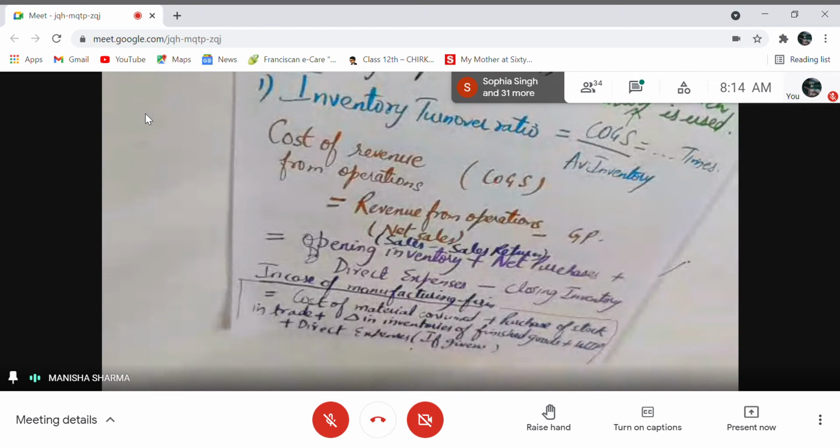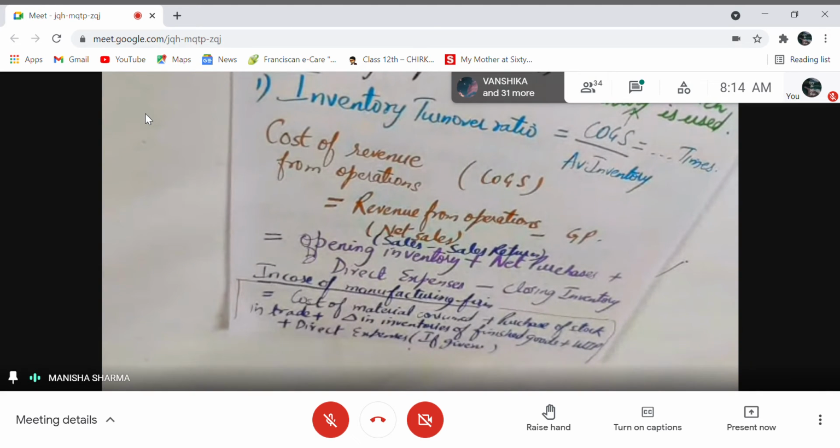So we use the words cost of purchase, then cost of material consumed, purchase of stock in trade, change in inventory was there. So keeping schedule 3 in mind, everyone should learn by heart that the third way to find, if the items of profit and loss are given according to schedule 3 of Companies Act, in that case the formula for cost of goods sold or cost of revenue from operations will be very, very important.